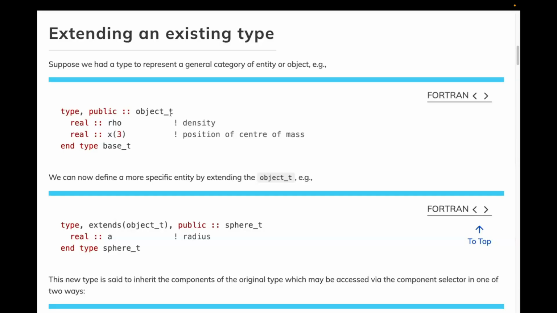So we're saying in this case that it has some density rho, which is real, and also, like a vector, we've given it a position of its center of mass, x, a 3-vector again. But this is very, very general. We haven't said anything more about what this physical object is. We haven't said anything beyond it is here and it has some density.